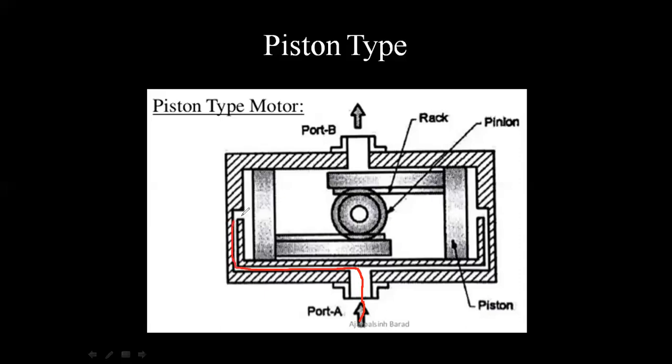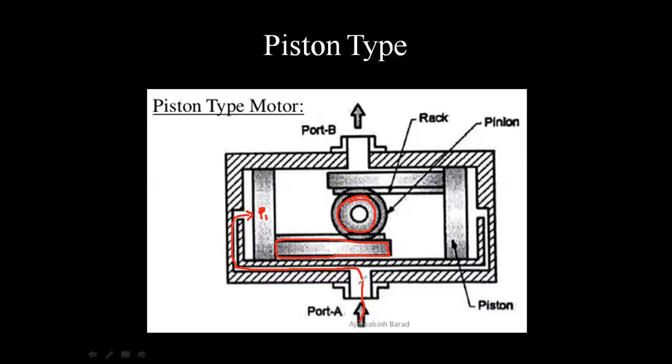It flows, and as soon as it flows, it strikes the piston here. This is piston one. When it strikes piston one, the rack present here tends to rotate at an RPM. When the rack rotates, the pinion also rotates with a certain RPM. This is one kind of flow.